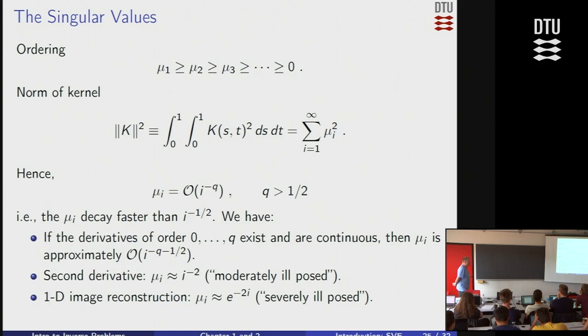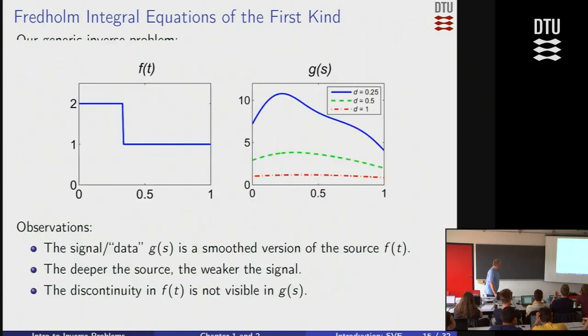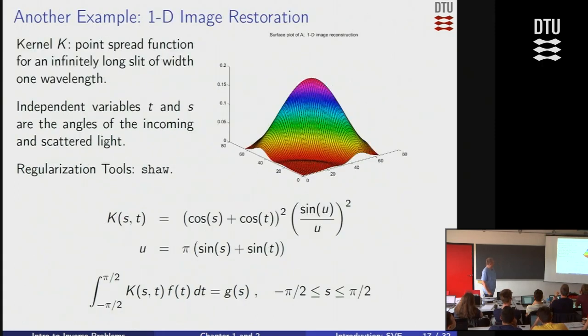So in fact, a little while ago, we looked at two test problems. There was the second derivative, and there was the 1D image reconstruction problem. I will just back up to the 1D image reconstruction problem. That was the one where we sent light through a slit. And the function there is nice and smooth, infinitely many times differentiable, right?